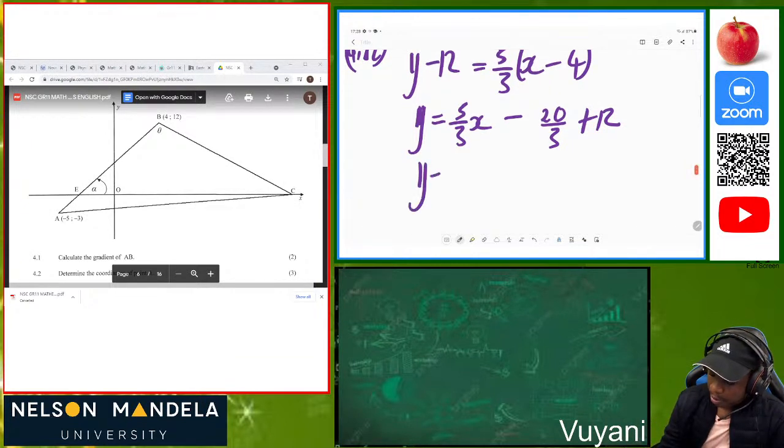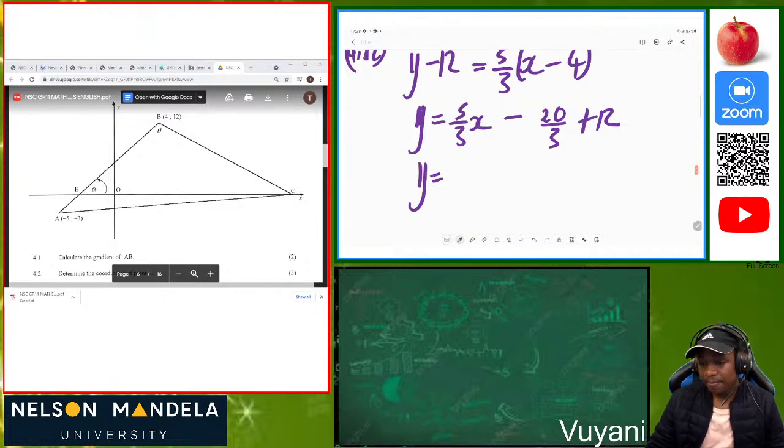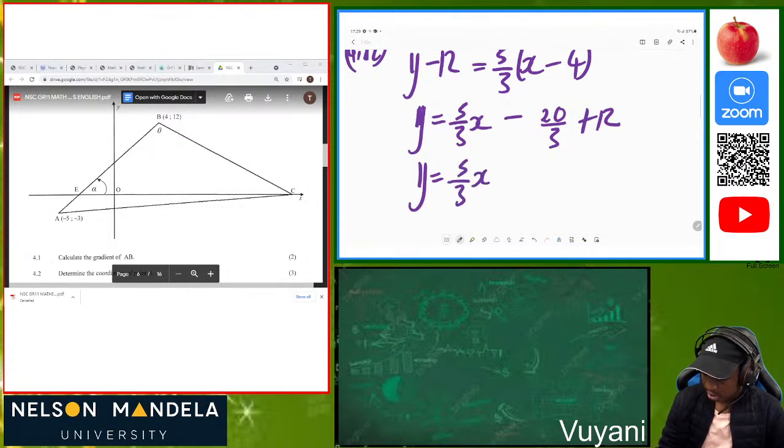Then our y will be equal to, using your calculator, negative 20 over 3 plus 12. That's 5 over 3 x.